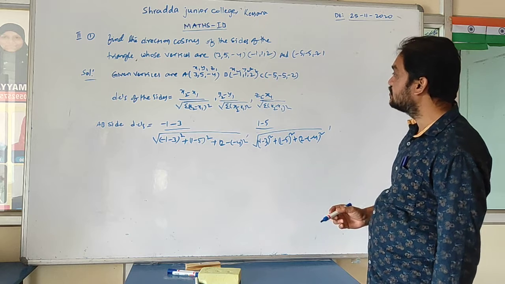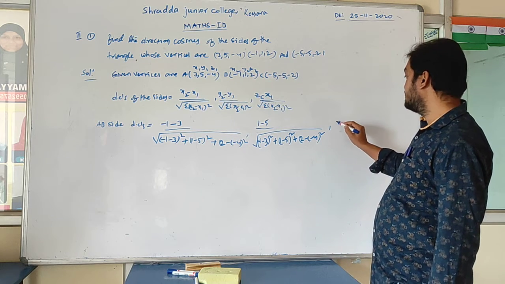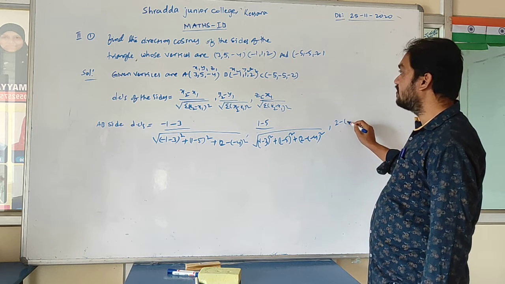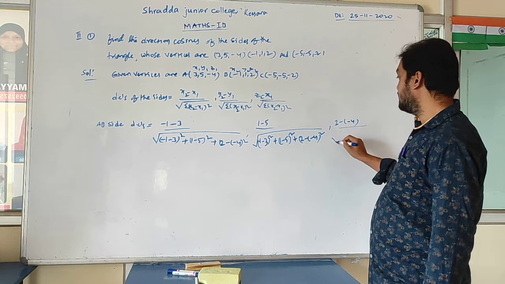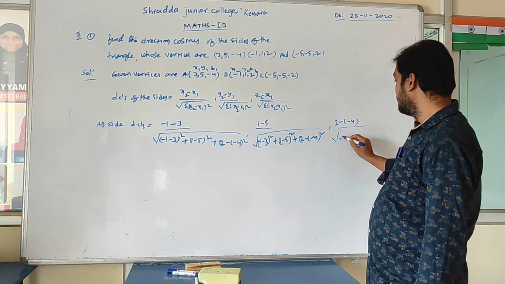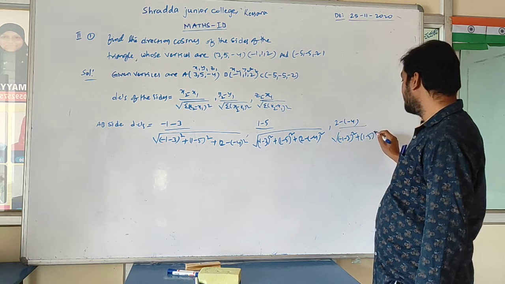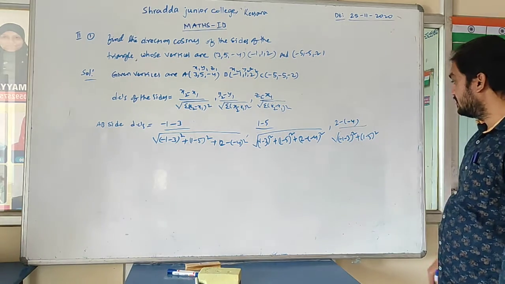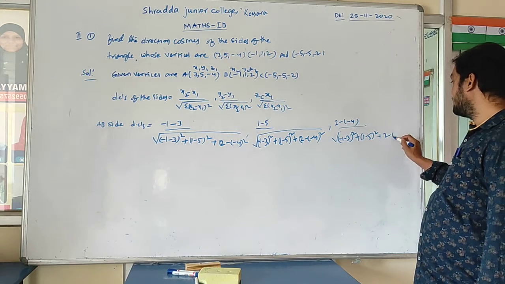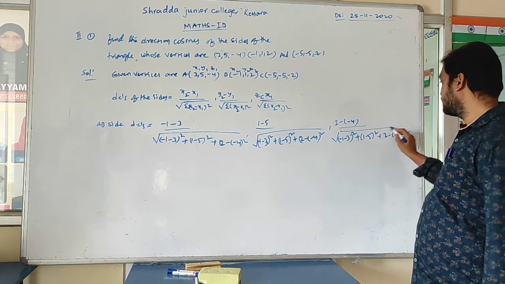The next one, z2 minus z1. What is z2 here? 2 minus of minus 4 by square root of minus 1 minus 3 whole square plus 1 minus 5 whole square plus 2 minus of minus 4 whole square.